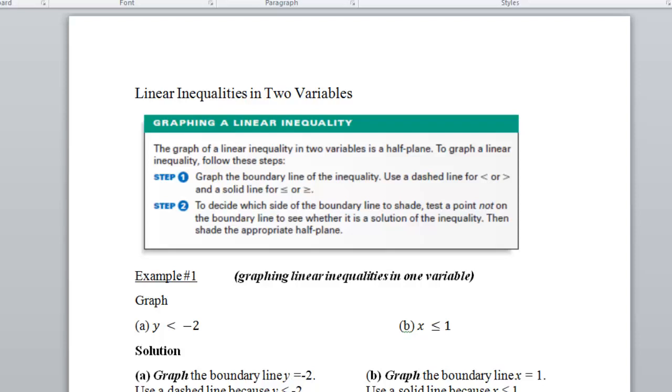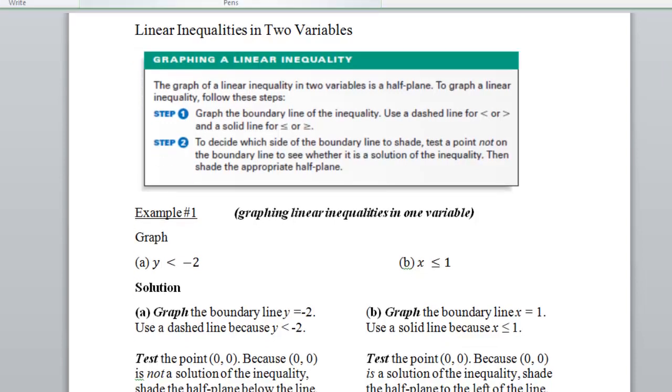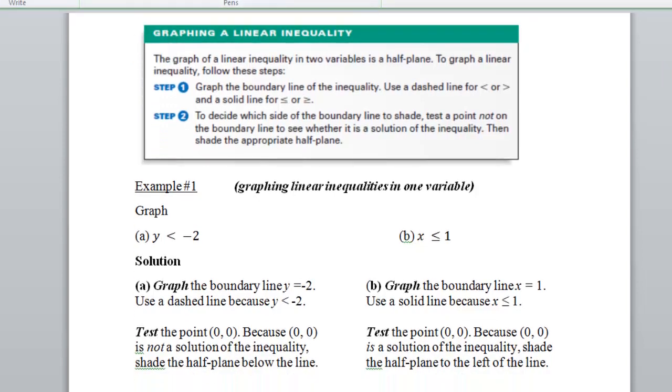So let's take a look at what we're going to have to do to graph an inequality. In order to graph an inequality, we first need to start by graphing what we call the boundary line of the inequality. That simply is the line of the equation if it were an equal sign. You can see here in example number 1, I'm going to take you through part A, and I'm going to let you go through part B on your own before you work a sample.